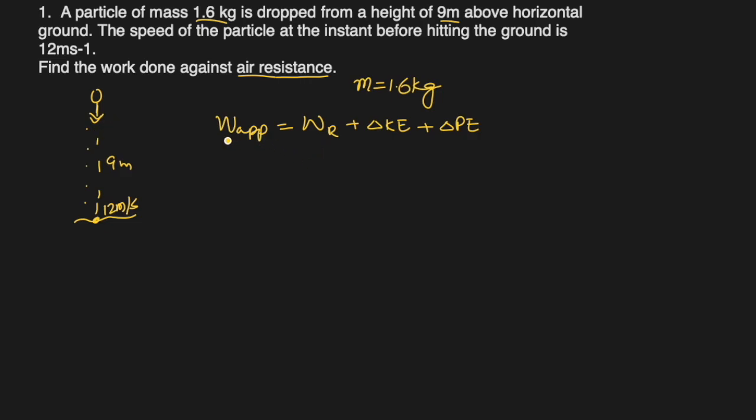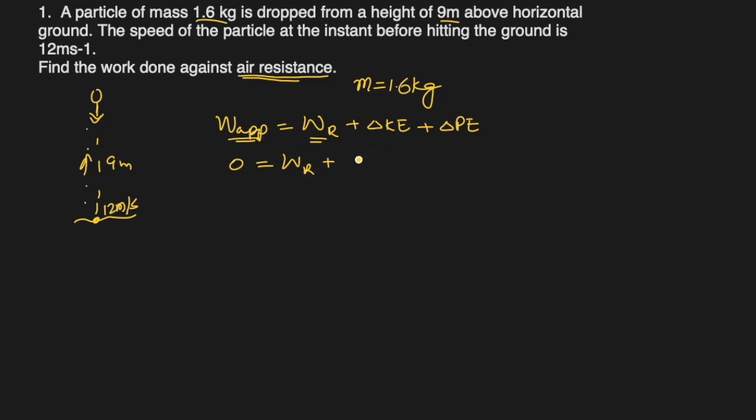So the applied force in this case will be 0. Now the resistive force will be because of air resistance only, in the opposite direction. Why? Because there is no friction, there is no surface to surface contact, so air is the only thing that is resisting it, and they're asking for the work done by air resistance. Whatever WR we get will be the answer.